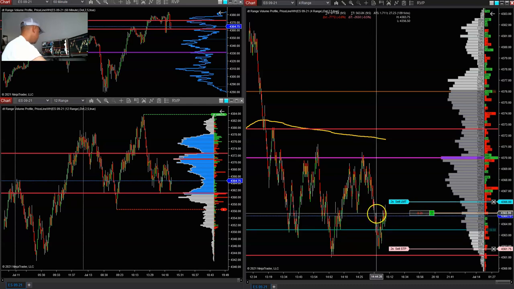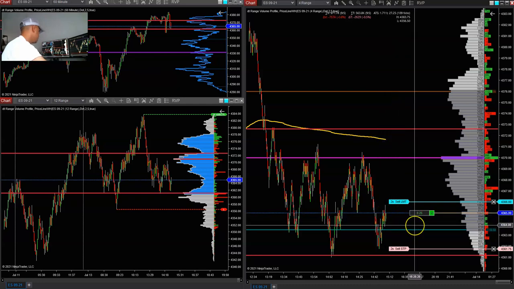I wanted to see the candle take out the top end of the red candle right here when it pushed down. I want to see it take this out to the upside. So far, I don't have a full green candle above that area. So price is teetering around back and forth, and it's not doing what I wanted quick enough.